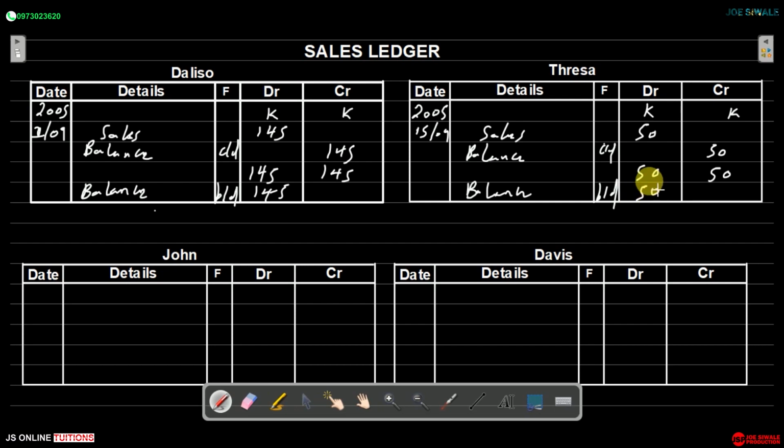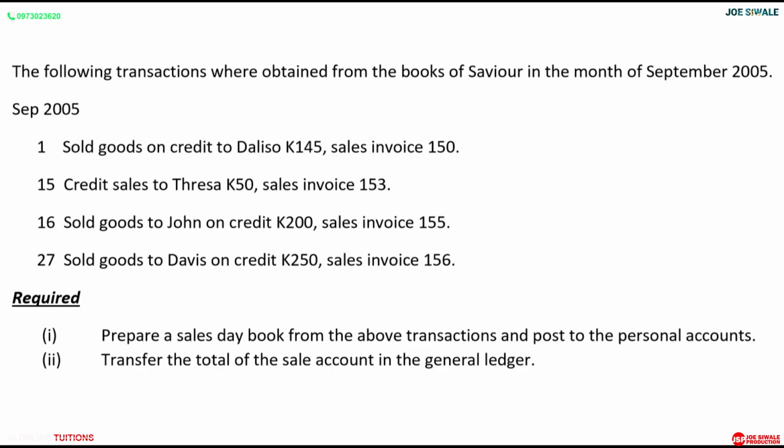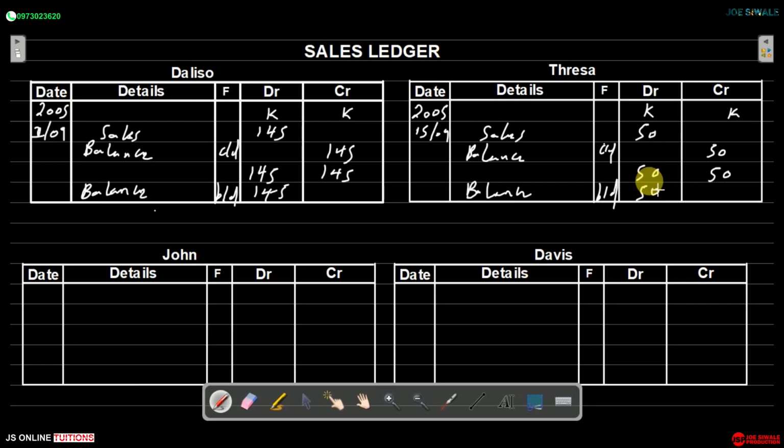Let us look at another transaction. So another transaction occurred on the 16th. Sold goods to John on credit amounting to 200 kwacha, sales invoice 155. And since this is the only transaction that we had for John, that means that we only have one transaction, and we are just going to show 200 kwacha in the account for John. So let us write down that.